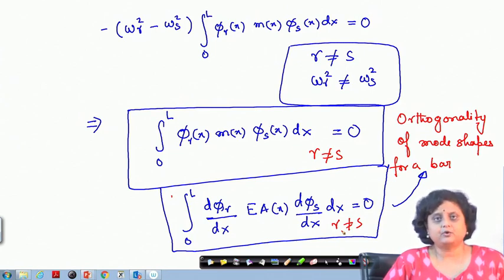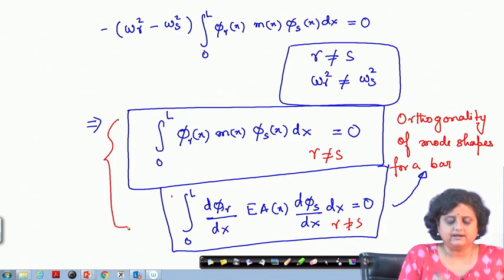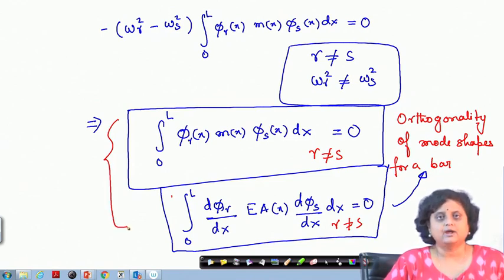The similar approach will be used here for continuous systems, where these two orthogonality conditions will be used, and that will simplify the solution of a continuous system. With this, we will end this lecture. Thank you.